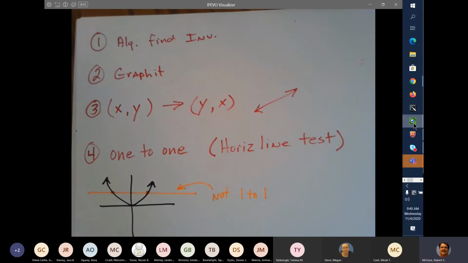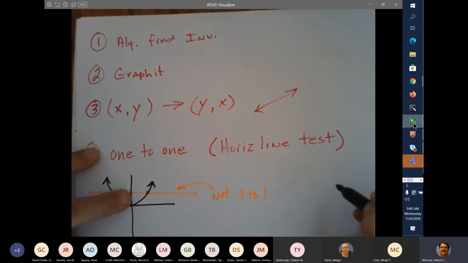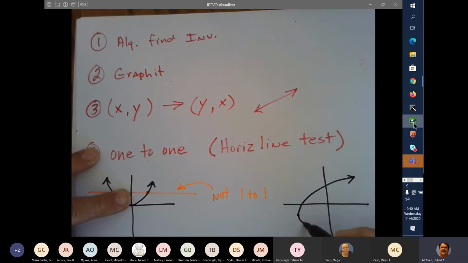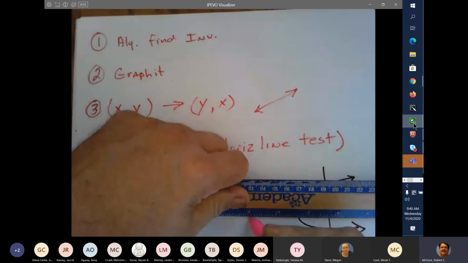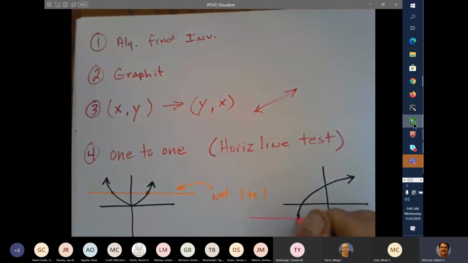If it crosses once, it is one-to-one. So if I give you another graph, and let's say this is a hyperbola that looks like this, and you draw a horizontal line through it, and it only crosses what? Once. That is a one-to-one.